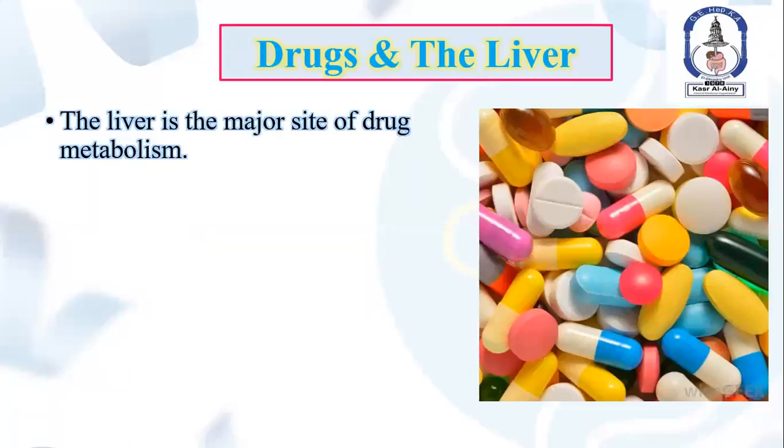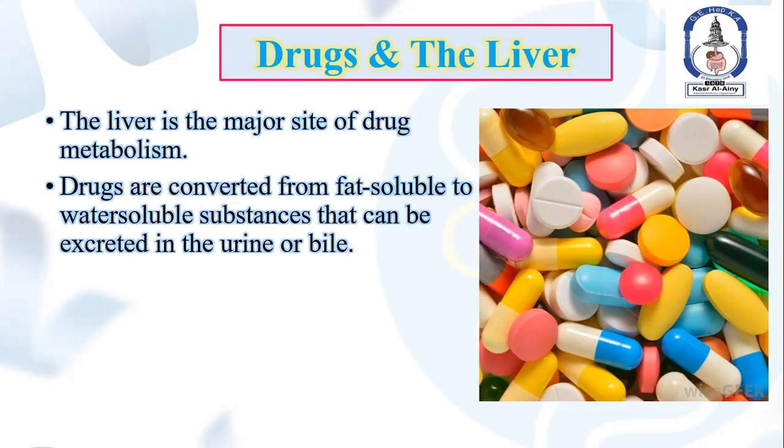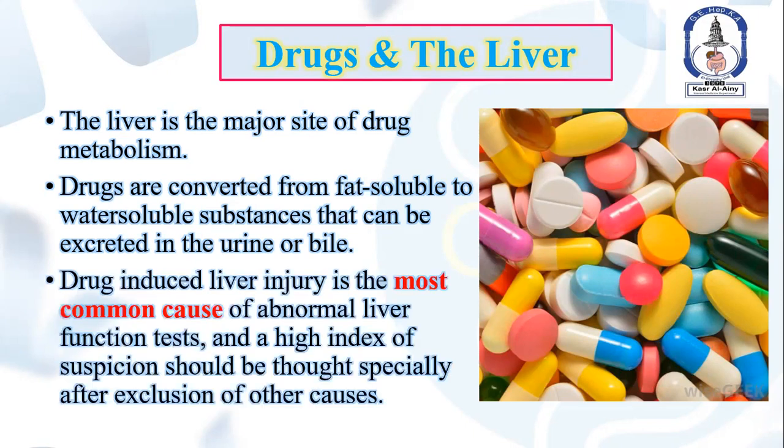The liver, of course, we know is a major site of drug metabolism. Drugs are converted from fat-soluble to water-soluble substances that can be excreted in the urine or bile. Drug-induced liver injury is the most common cause of abnormal liver function.